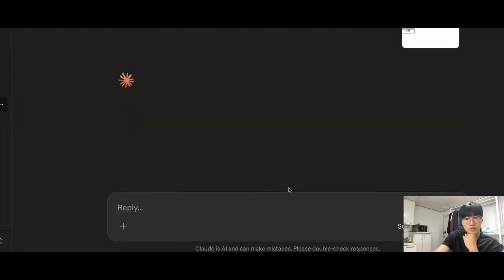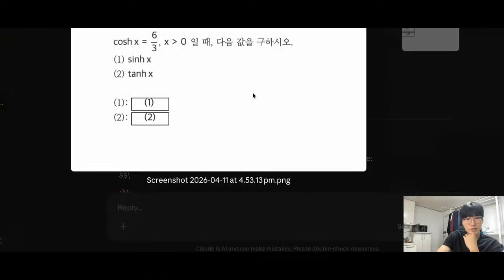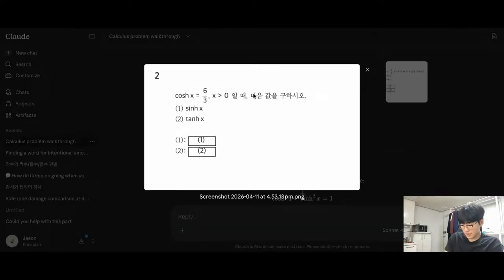Problem number 2. Let me read it first. So cosine hyperbola equals e to the x plus e to the minus x, over 2, right? Yes, it is. So cosine hyperbola x equals 6 over 3.